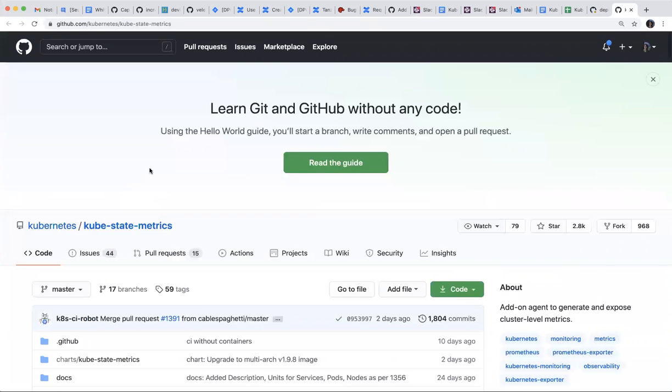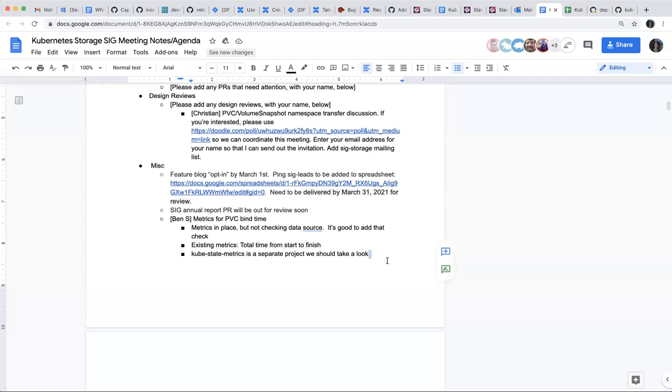Okay, so actually it's under the Kubernetes org. Michelle, the total metric you're talking about, is that the volume operation total seconds? I think so. I forget the exact name of it. Okay, yeah.